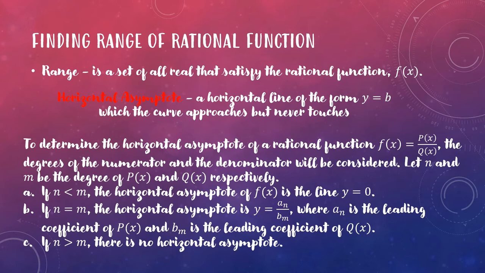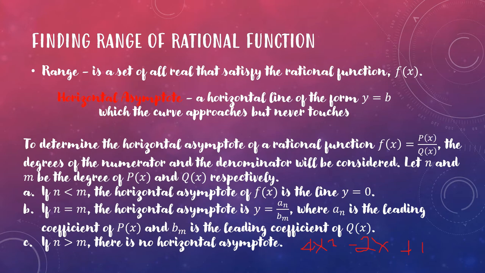Say for example, mag-ingon ka og 4x squared minus 2x plus 1. Okay, so in this example, we have 4x squared minus 2x plus 1. In this polynomial class, ang term with the highest exponent, of course, is 4x squared.